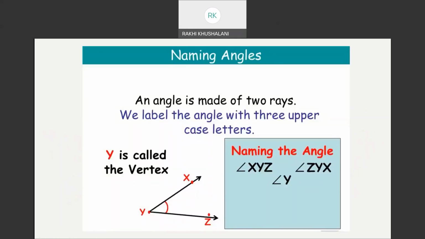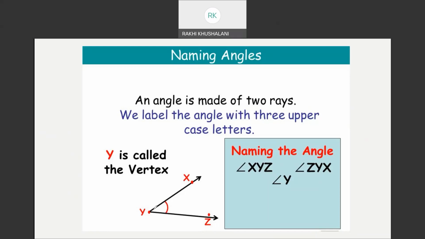Now, if you look, an angle is made up of two rays, which I've already explained to you. We label the angle with three uppercase letters, like in this case, angle XYZ, or you can also call it ZYX, and it is also called angle Y, where your vertex is.